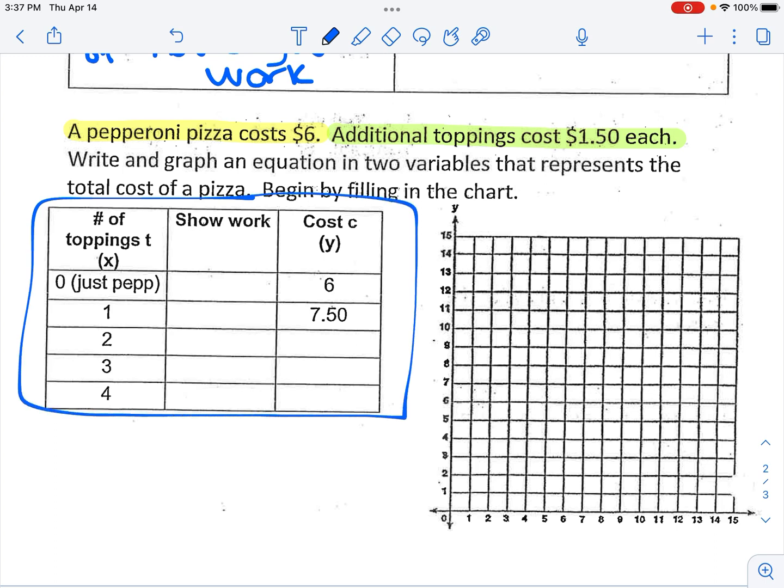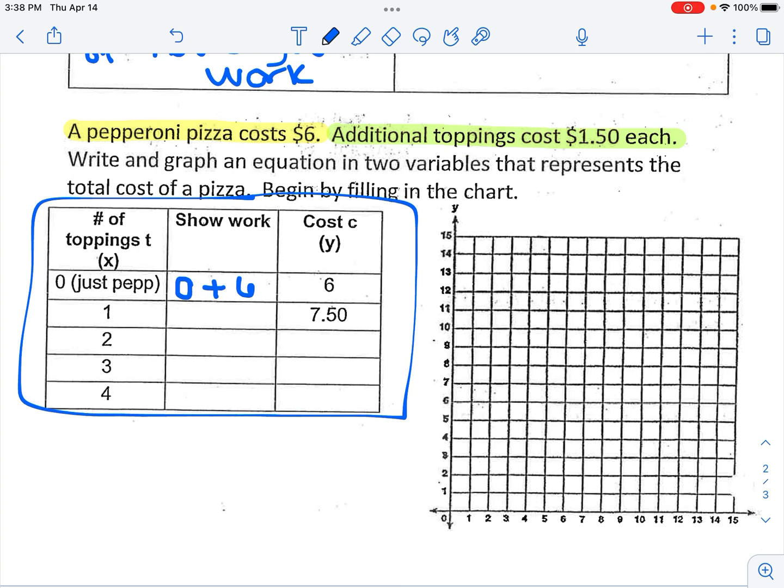Look in the left-hand column. That says the number of toppings. If you have 0 toppings and you're only ordering the pizza with just the pepperoni, then the math problem would be $0 extra for toppings plus the $6 flat fee for the pepperoni pizza, so you would only owe the $6.